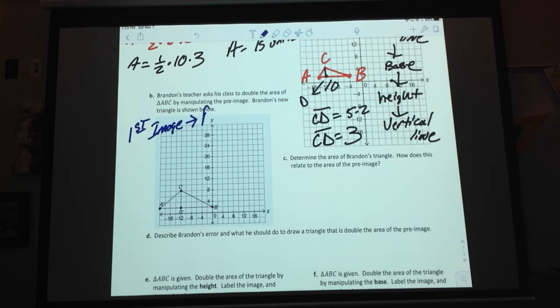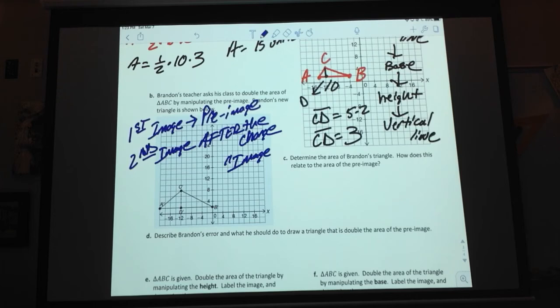The second image, after I make the change, is called the image. That's very important.